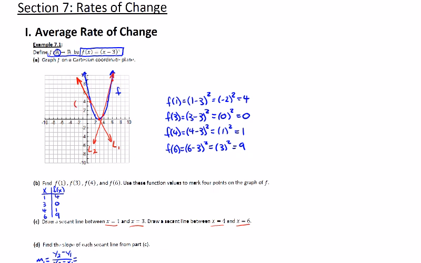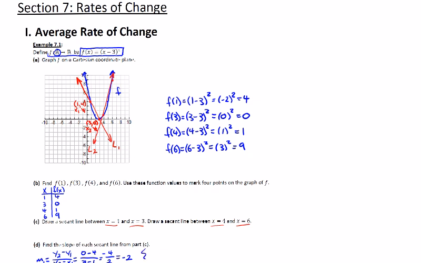I'll call the first point for line 1 the point at 1 comma 4, and the second point the point at 3 comma 0. That gives me my x1, y1 and x2, y2. Substituting those values in, that'll be (0 minus 4) divided by (3 minus 1). So that's negative 4 over 2, which ends up giving us negative 2. That's the slope of L1, which is one of our secant lines.